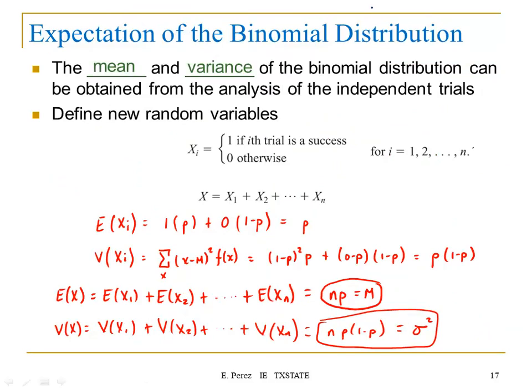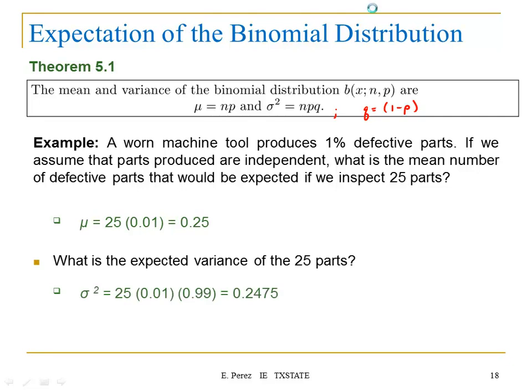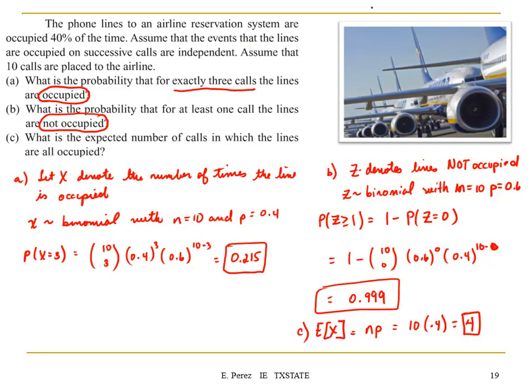Then we covered how to compute the mean and the variance for the binomial. Here's the second example. And one more time, in this problem we have, part A, what is the probability that for exactly 3 calls the lines are occupied. So in this first part of the problem, our success is to find a call or a line that is occupied. Okay? So again, we are looking at the probability that that number equals 3.